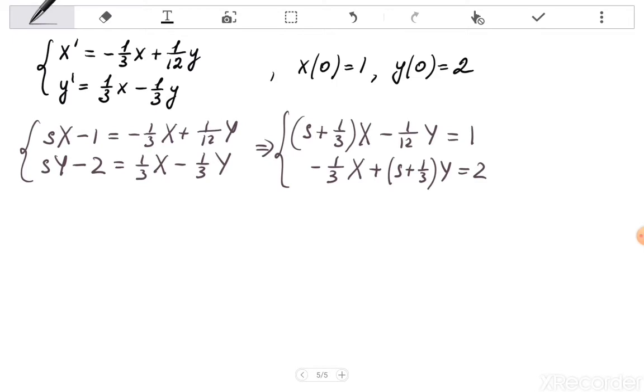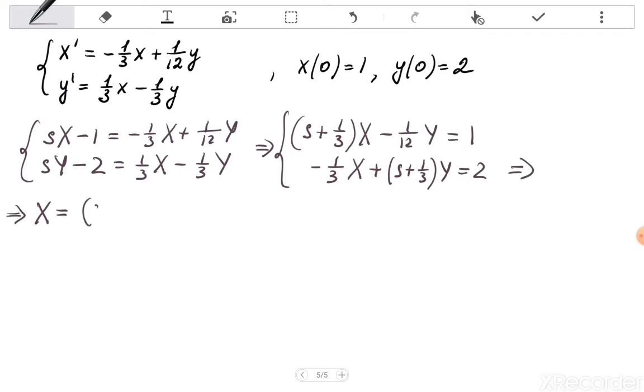Okay, let's now do something to eliminate one function. For example, we can find x from the second equation.